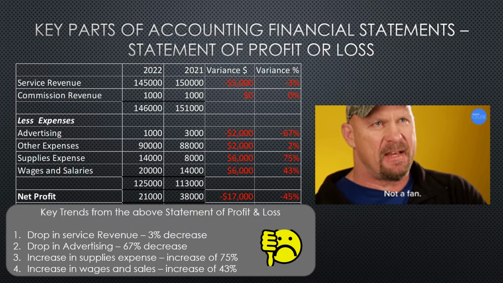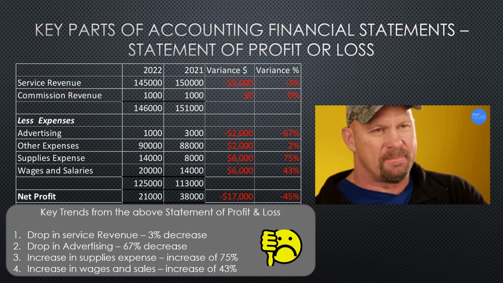Last year we spent $3,000 on advertising, decreased to $1,000, which resulted in a 67% decline. You will not have to work out any of these calculations. They will be done for you. And as a result of that 67% decline, we've had a decrease of $5,000 in our service revenue. So that is two key trends that you'll need to look at: service revenue, what's happening there, and also advertising.